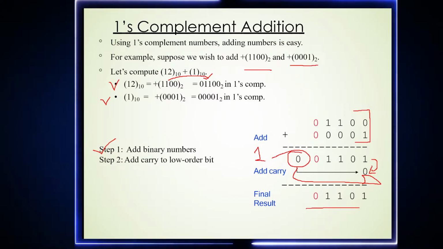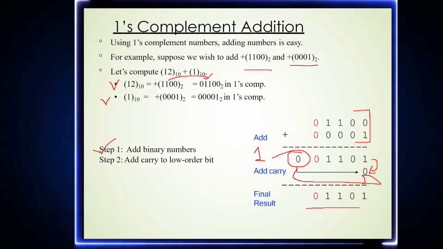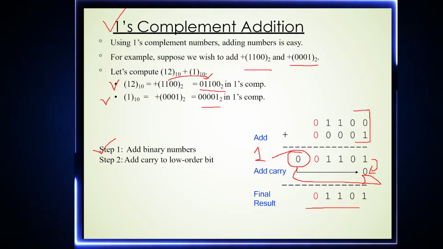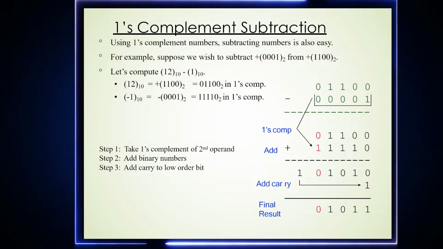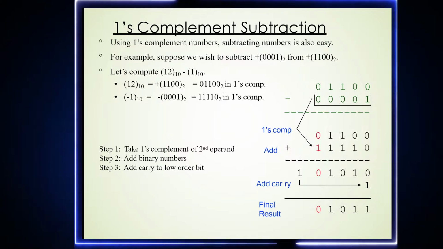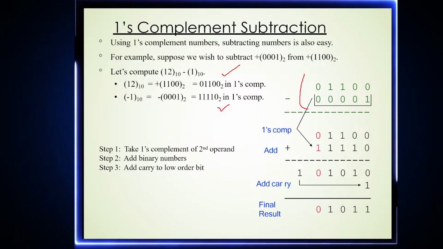Right? So in this case, we can find out the addition of two binary numbers. Right? Now, when they say ones complement addition, just find out the ones complement and then add the numbers. Right? Similarly, ones complement subtraction. What would be the subtraction? Same. Find out the ones complement and then subtract.